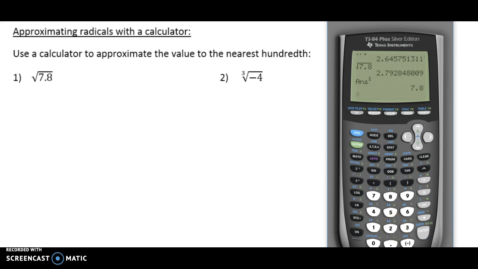Whoa. What about for the second one? I know we could have negatives under radicals. What? Because it's a cube. It's a cube, so it's an odd index, so we can have our negative. It's negative 1.5, 8, or 9. 9, since 7 is greater than 5.